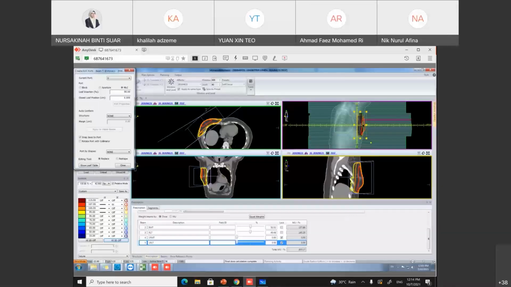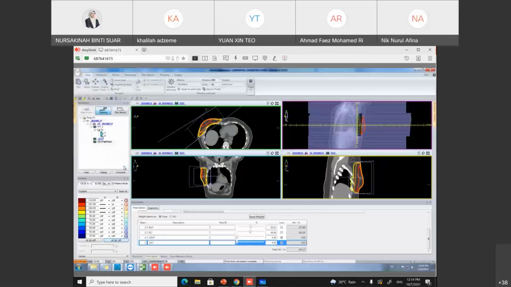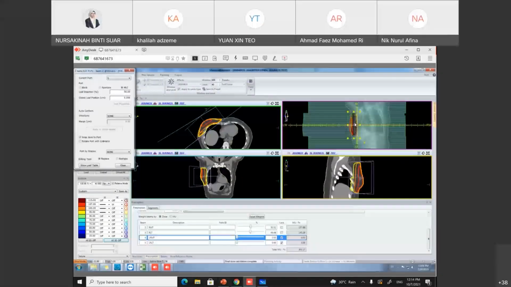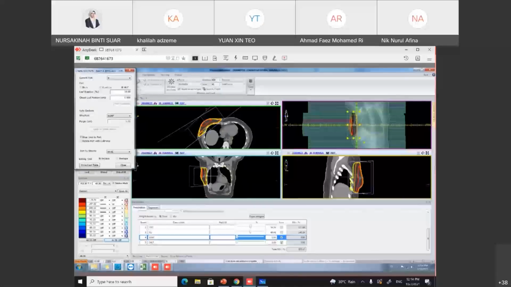Of course, if you use your laptop to see, it's very difficult to show because the monitor is very small. Normally the setting is actually a 29-inch monitor, so you can zoom in better.